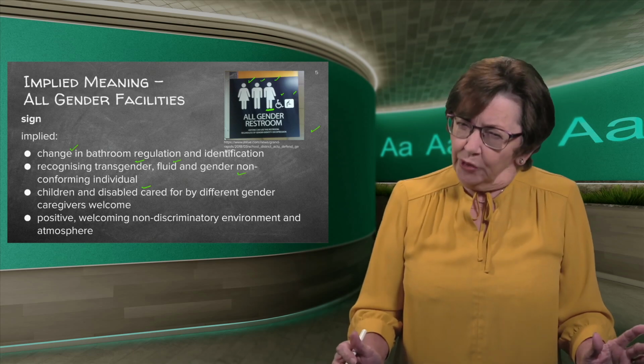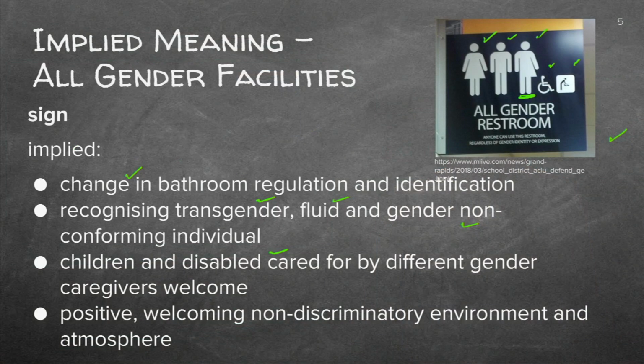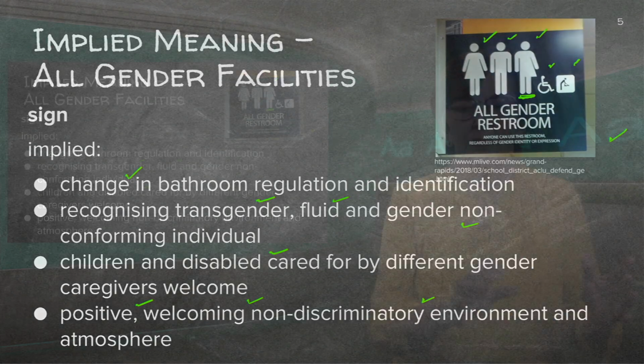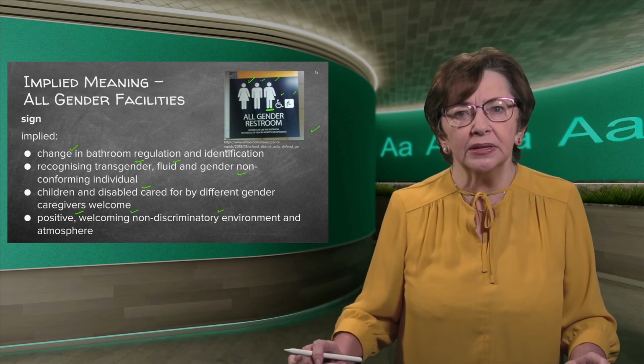Furthermore, what is implied is that these people believe in a positive, welcoming, non-discriminatory environment and atmosphere. So those are all things that we can infer from what we see. It's implied meaning.